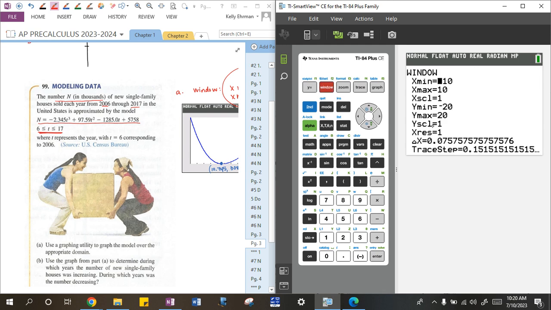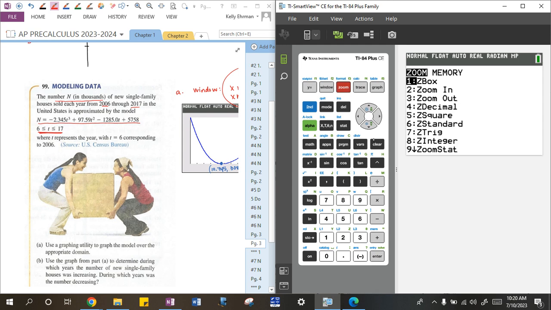and then I'm going to window and setting the domain, 6 for the x-min, 17 for the x-max, and it's fine to still count by ones. That's not a huge span of numbers. Instead of guessing at the y-min and y-max, because I've got this large number here, this is where you do zoom fit. So zoom, option 0, you can just press 0, or I'll just show you.